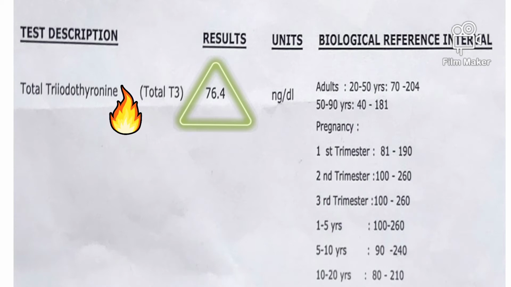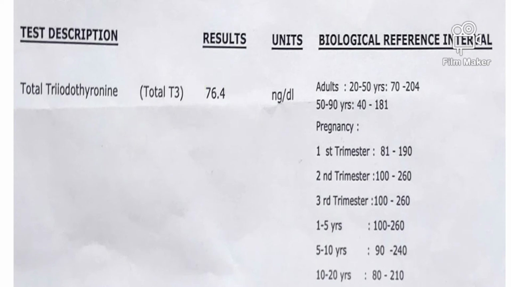It means the person who underwent the test has T3 levels of 76.4 nanograms per deciliter. Beside that, you can see the biological reference values. It is nothing but the normal values of T3.